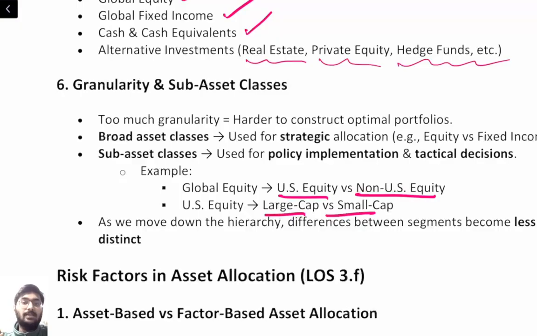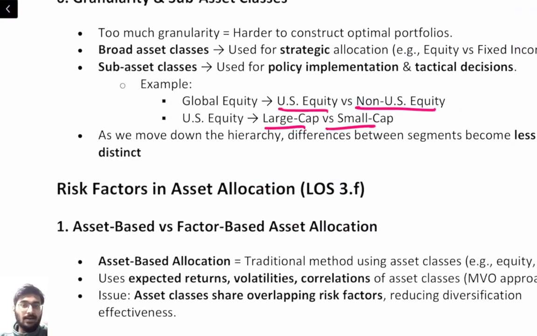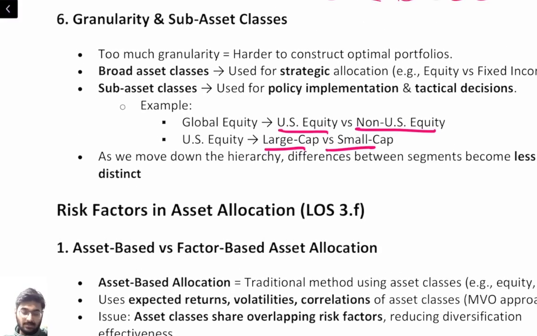If you make too many subsets, it will make your portfolio complex, difficult to optimize, and difficult to manage risk. So strategic asset allocation should focus on broad asset classes with big risk differences, not tiny differences. Clear?